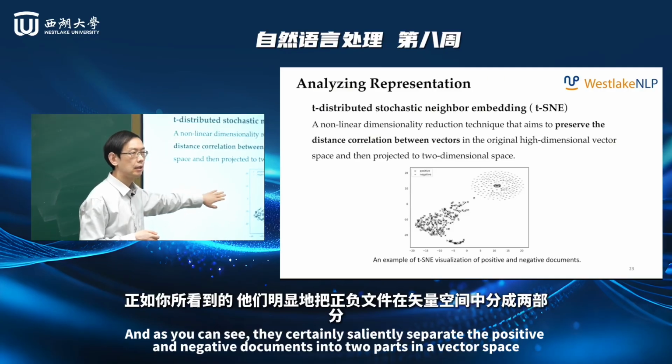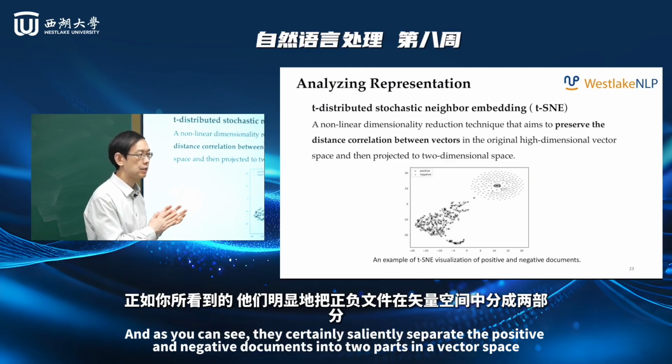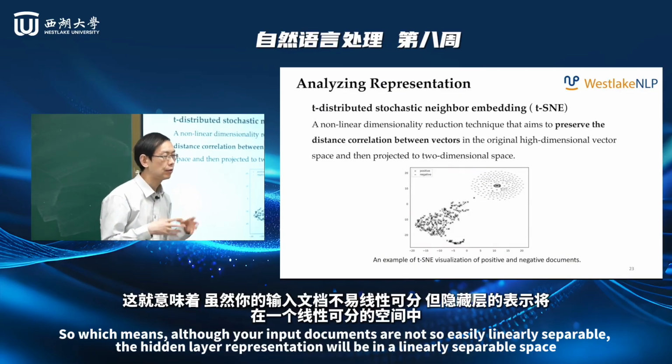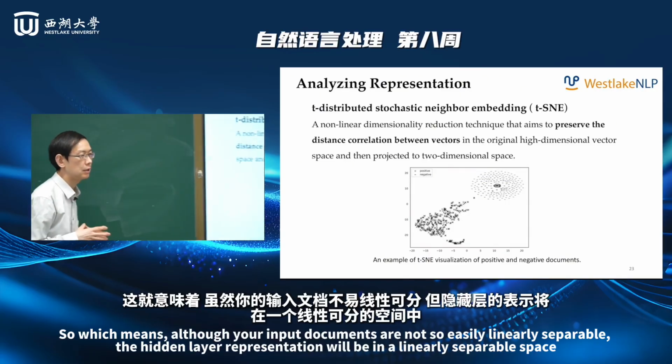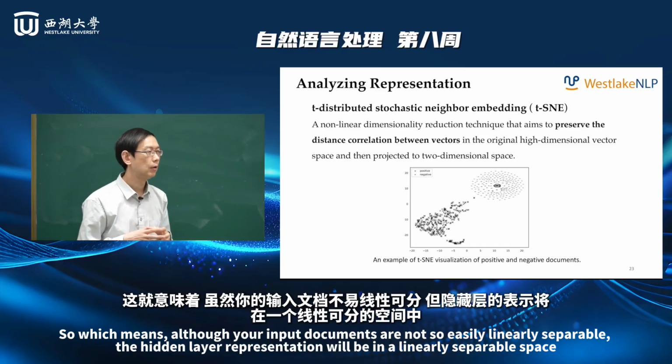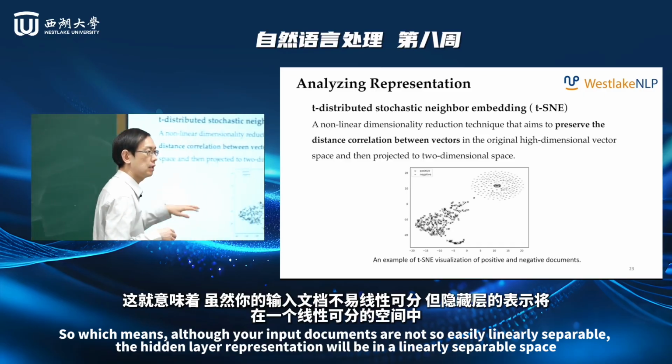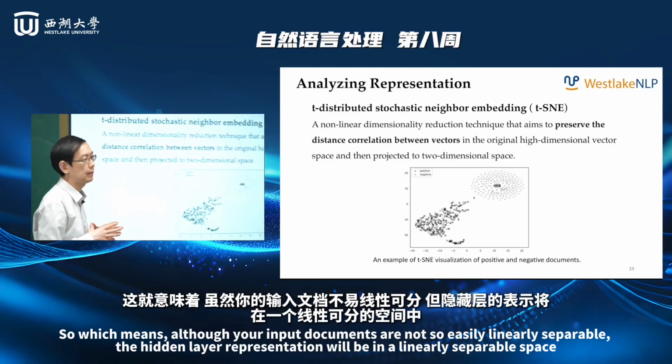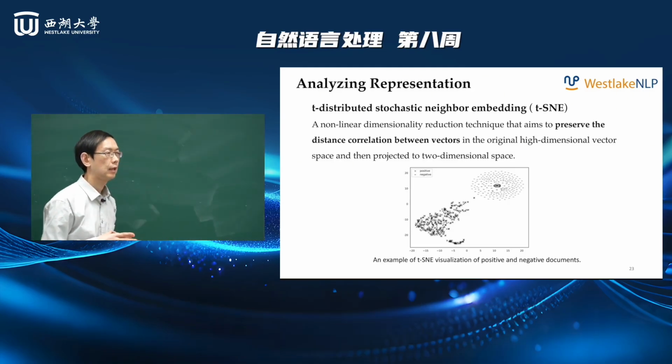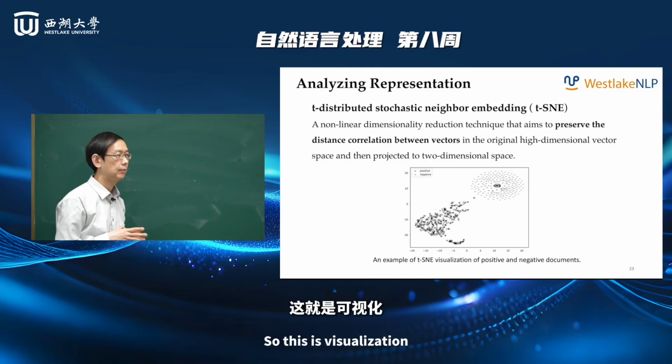And as you can see, it saliently separates the positive and negative documents into two parts in a vector space. Which means, although your input documents are not so easily linearly separable, the hidden layer representation will be in a linearly separable space. Okay, so this is visualization.